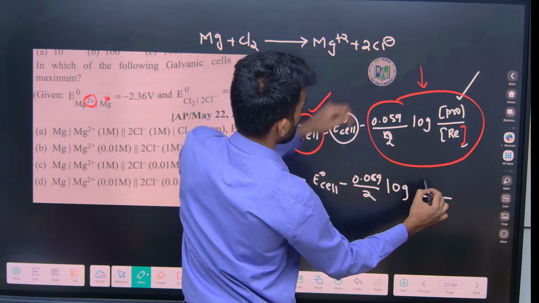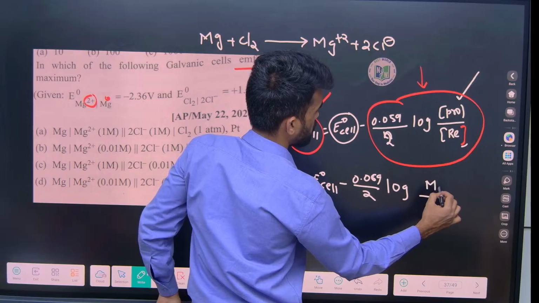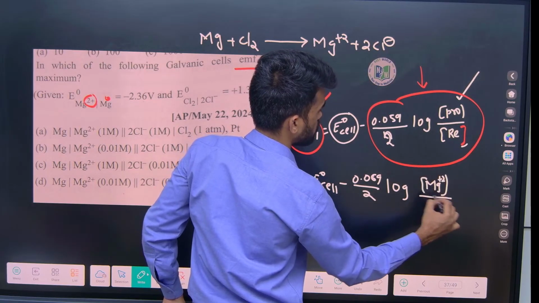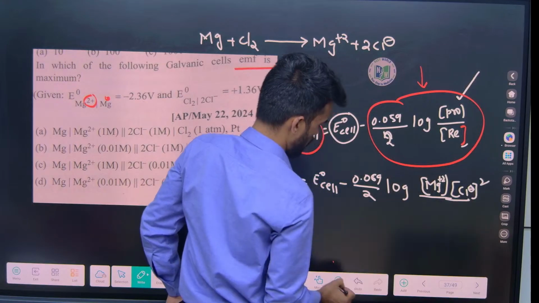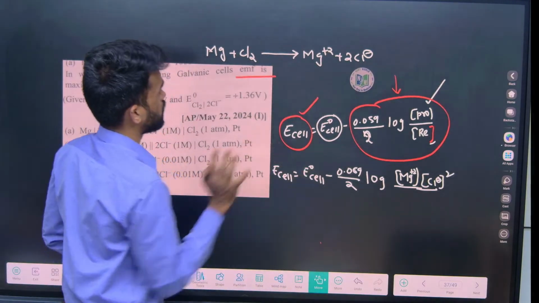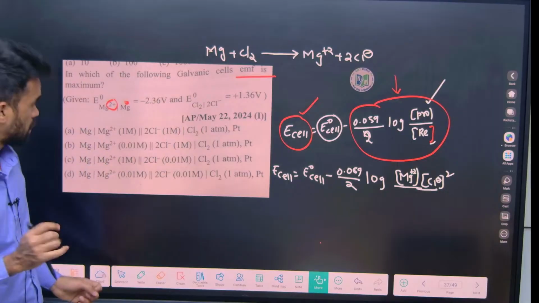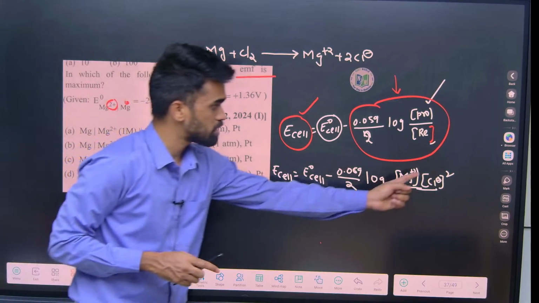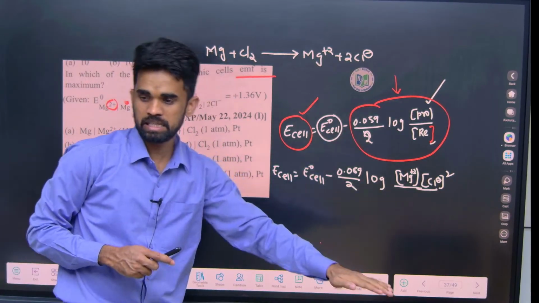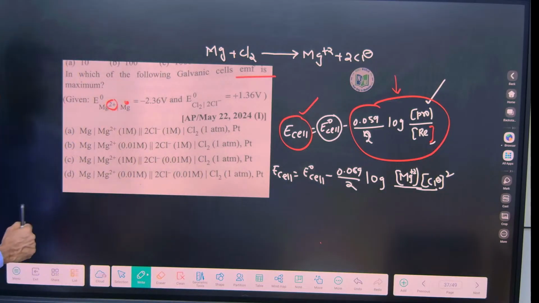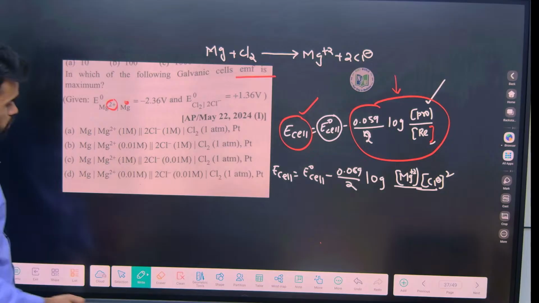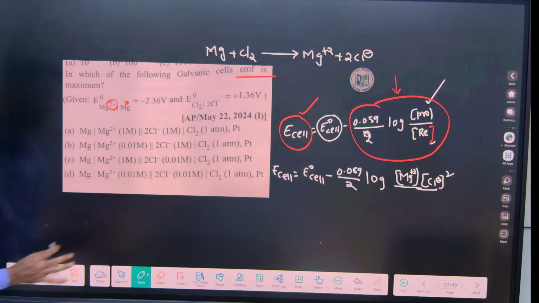What are they? Mg2+ ion concentration and Cl minus chloride ion concentration. Both of them are ions only, on the product side. So this concentration value should be the least, then we can get a greater electrode potential. Now what is the proper answer we can go with? Both ions should have minimum concentration.